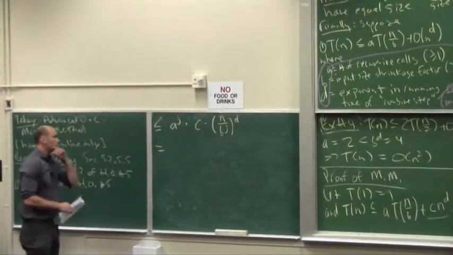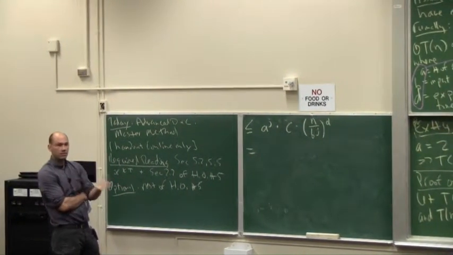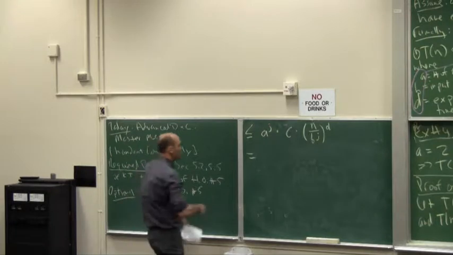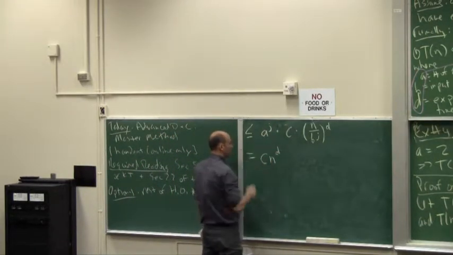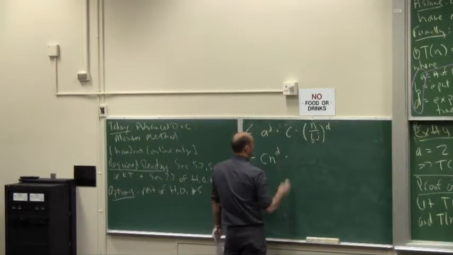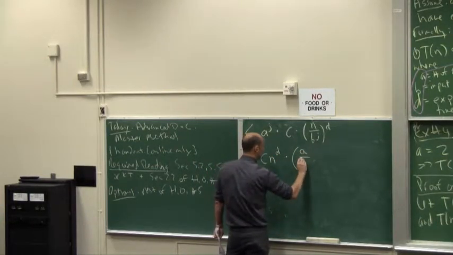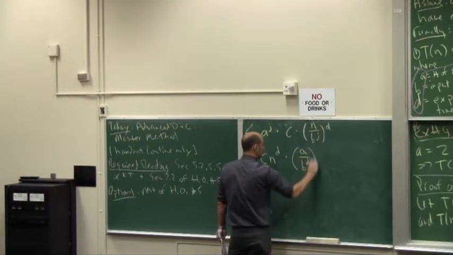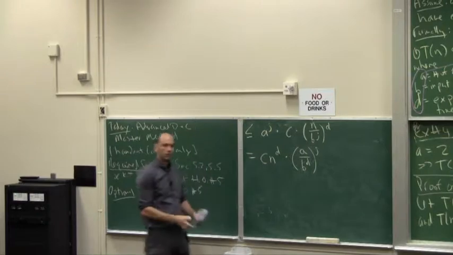All right, so let me group this so that I separate the stuff which is independent of J and the stuff which does depend on J. So I'm going to bring out this c n to the d. None of that depends on J. Times A over B to the D raised to the J. Rearranging.